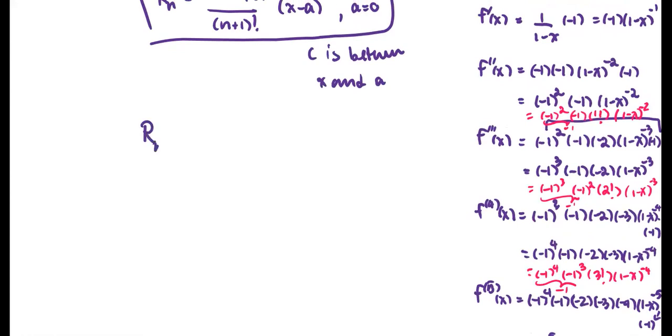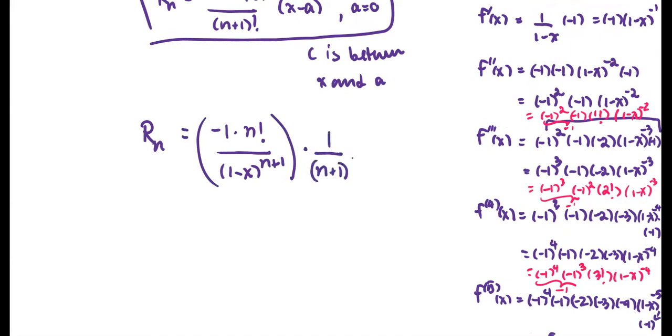So the formula for the Rn, or the remainder of the nth degree polynomial Pn, would be Rn equals the n plus 1 derivative, negative 1 multiplied by n factorial divided by 1 minus x to the power n plus 1, and this divided by n plus 1 factorial, which is the same as multiplied by the reciprocal, and then multiplied by x minus a, which is x minus 0, to the power n plus 1.